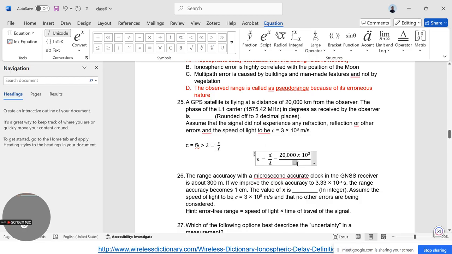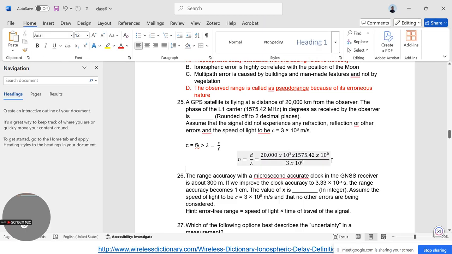So we will put c by f over here. c is 3 into 10 to the power 8, divided by f, so that f will go up. f is 1575.42 into 10 to the power 6.